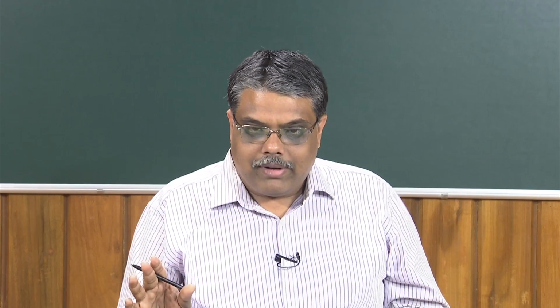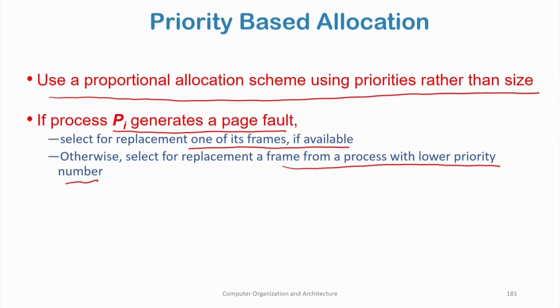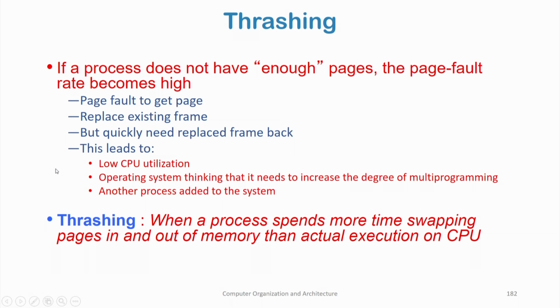However, if none of the frames are free, that means all frames allocated to this process are busy, then I will choose a frame from a lower priority process. Okay. This is the priority based allocation scheme. Now, after this we come to the concept of thrashing. So, this we will continue in the next lecture.